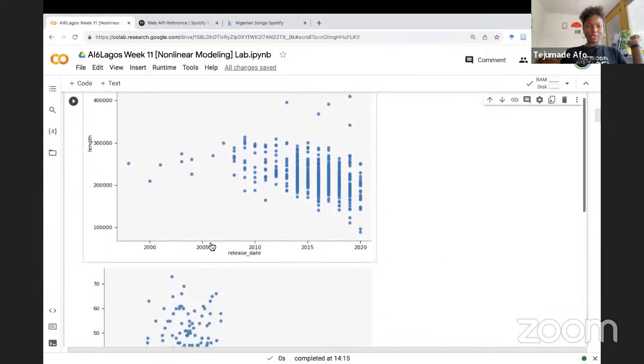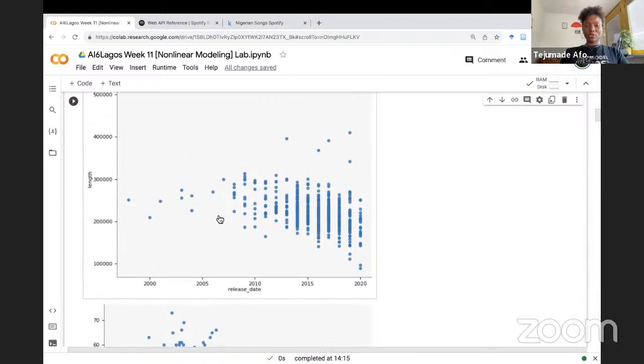If you just keep going, you can have a very quick understanding of the data set that you're working with, like the release date versus the length of the song. It seems like as the release date increases, these days most of the songs are not so long, but we still have some outliers here.